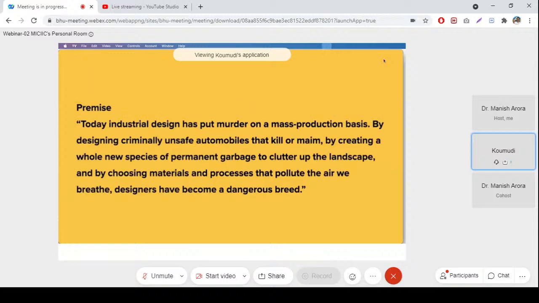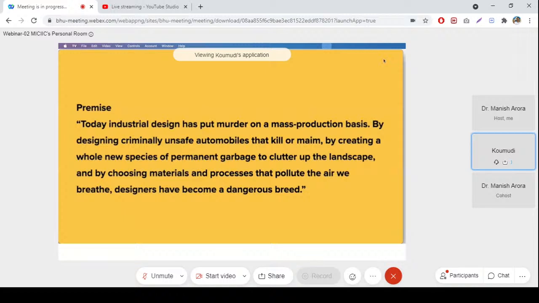The entire theory of Papanek is based on the premise that designers are a dangerous breed. They are dangerous because they have put murder on a mass production basis. He believes that they have designed objects that bring in murder, that are criminally unsafe because they kill or maim, for example, automobiles.